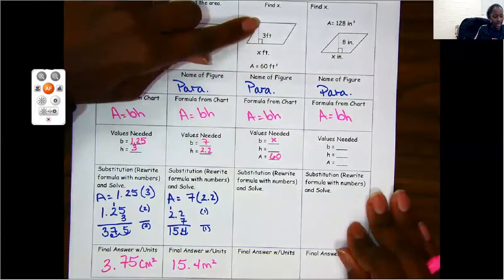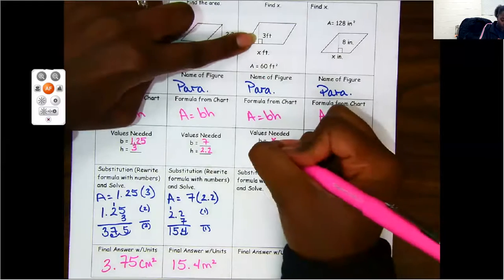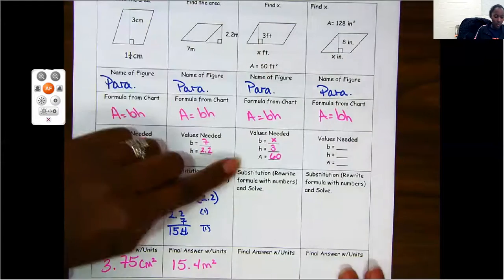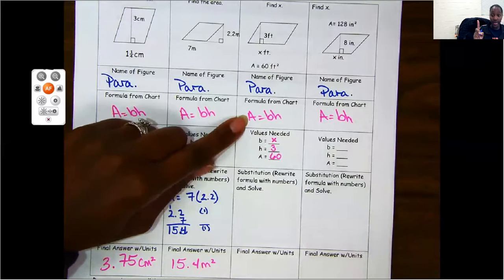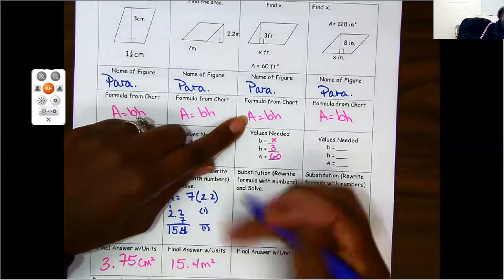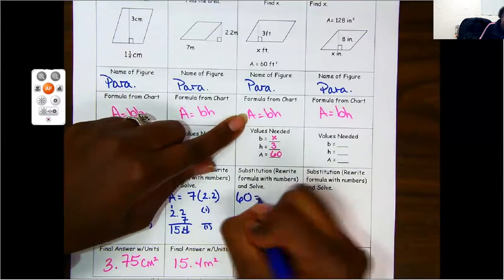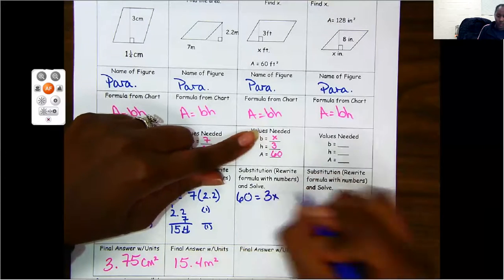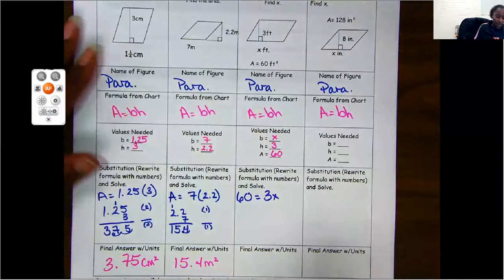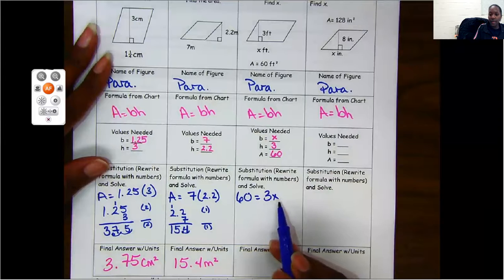And I see that my height is 3. Okay. I'm going to put that into my formula. Here's my A, but remember, I know what A is. A is 60. So 60 equals base times height. I'm going to put 3x. I'm going to put it that way this time. Remember, when your number is next to a variable like this, it's indicating that it's multiplication.